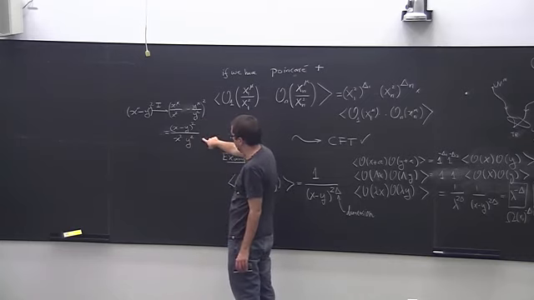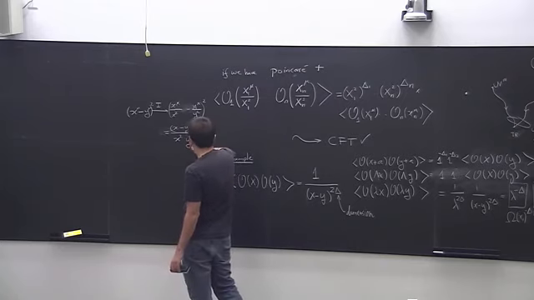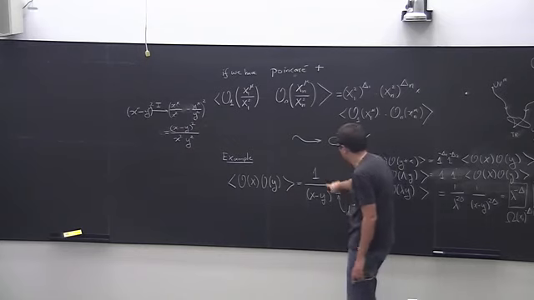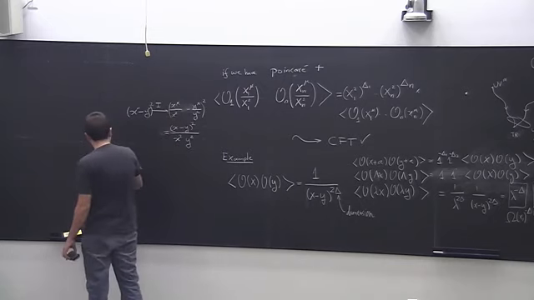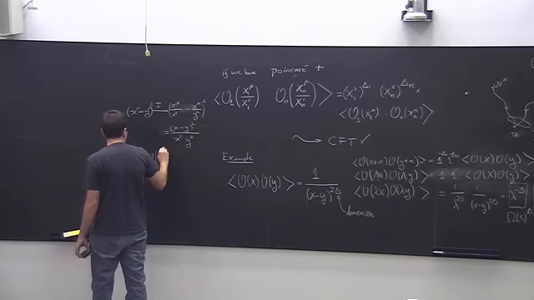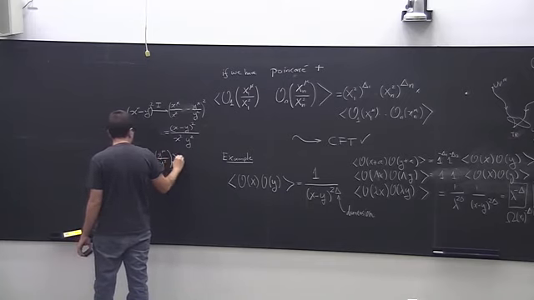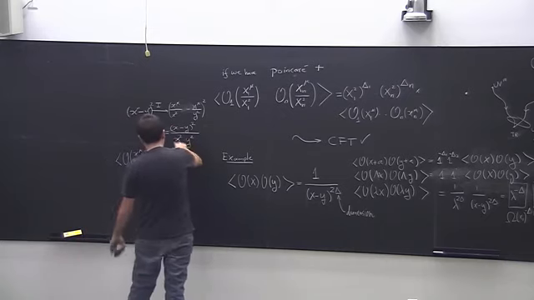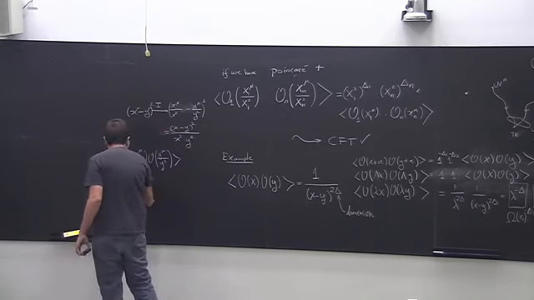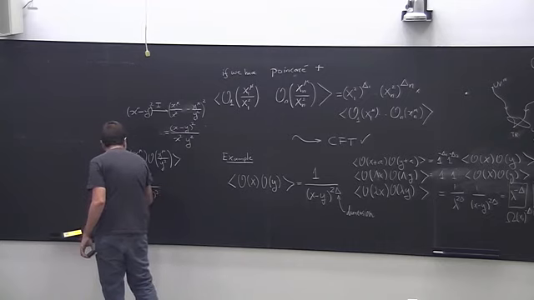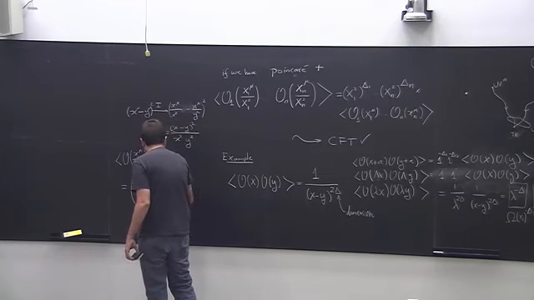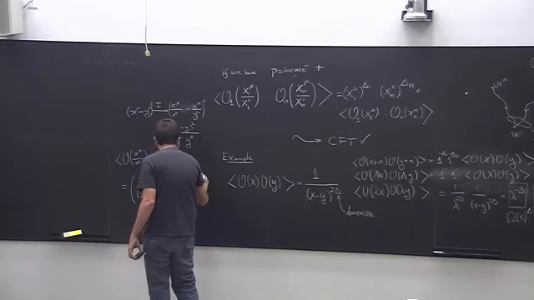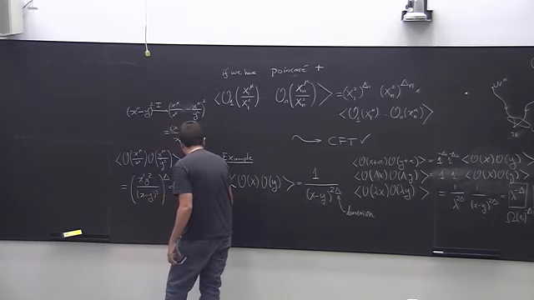So what you check easily, therefore, is that your correlation function, x minus y squared to the power delta, under inversion, so correlation function at your point x mu over x squared, at y mu over y squared, is equal to, you replace it by this, so you have x squared y squared divided by x minus y squared, everything to the power delta, which is nothing but x squared to the power delta, y squared to the power delta, times the original correlation function at x and y.